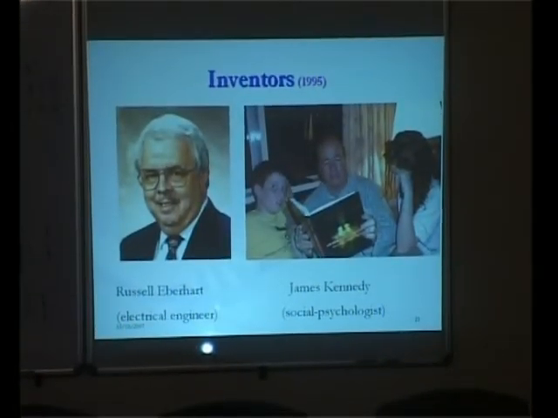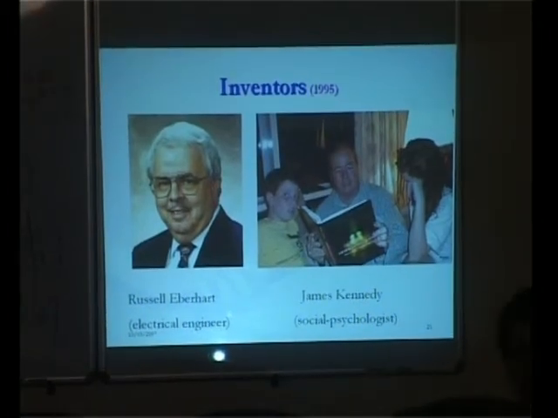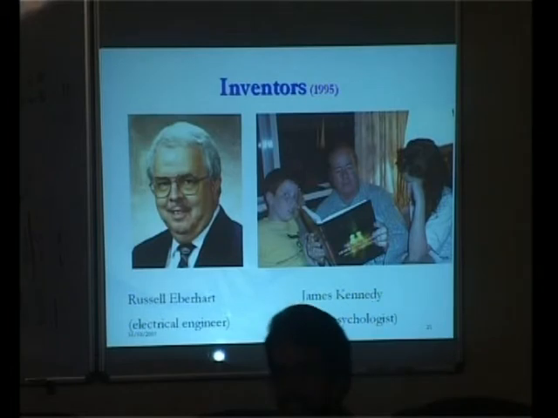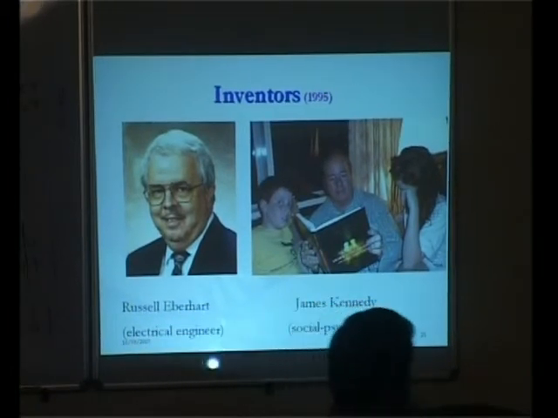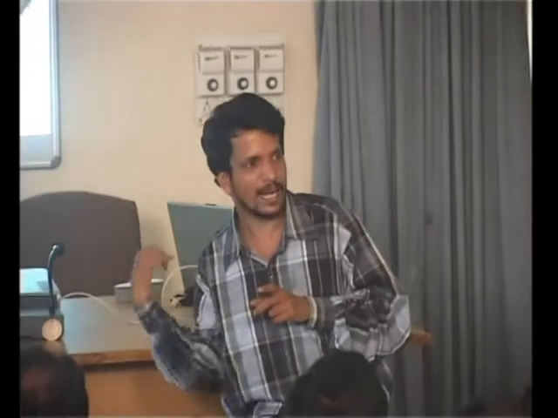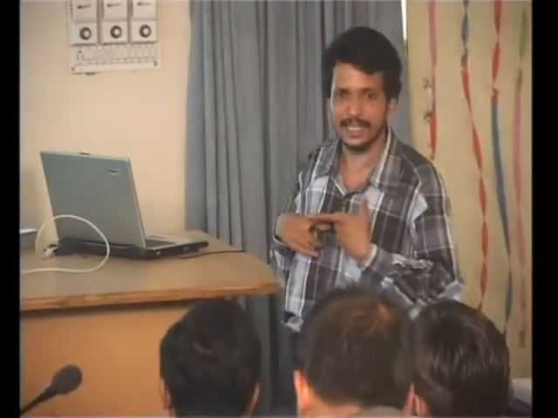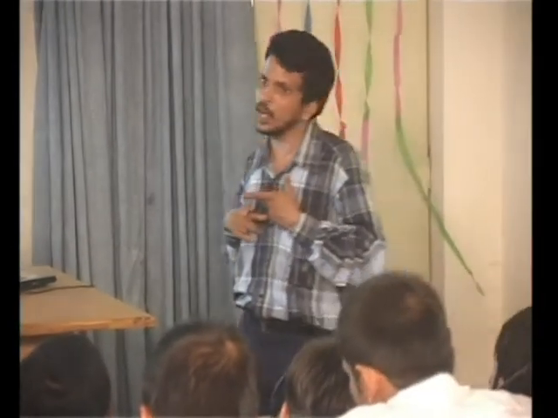One is Russell Eberhart, who is an electrical engineer, basically a faculty member at Kansas State University, USA, and the other is the psychologist James Kennedy. They are the inventors, and this PSO optimization technique was invented much after the GA. GA is before 1990, and PSO was invented in 1995. Particle swarm optimization.